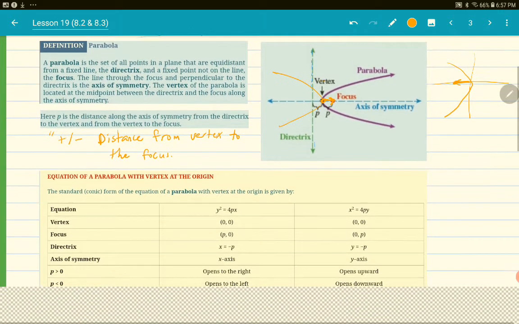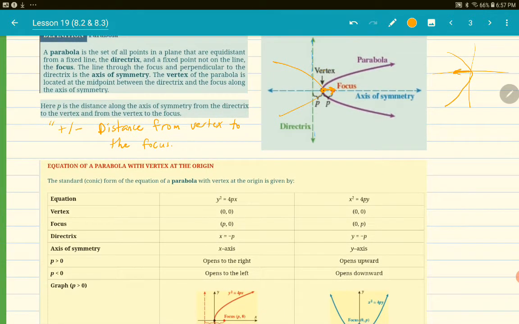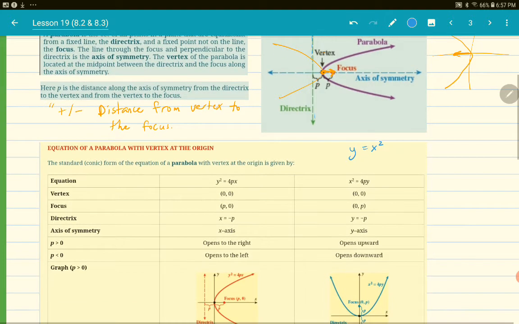Okay, so that brings us to the equation of a parabola. You may be familiar with the form that we've seen before, which is y equals x squared. Or a parabola that's on its side would look like x equals y squared.